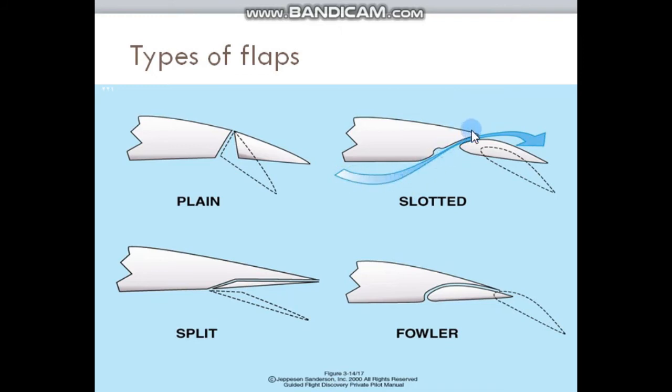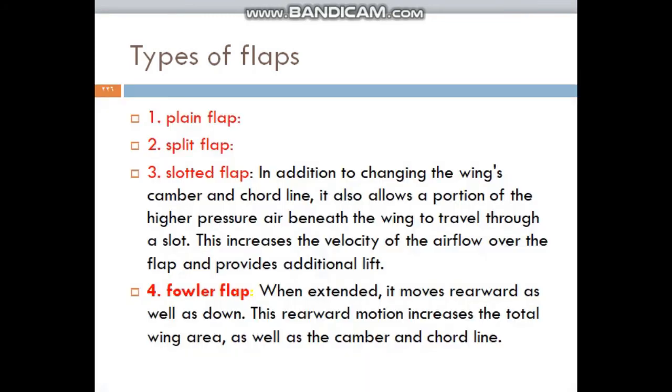The air will go from beneath the wing through the slot, and this is the characteristic of the slotted type. This increases the velocity of the airflow over the flap and provides additional lift.